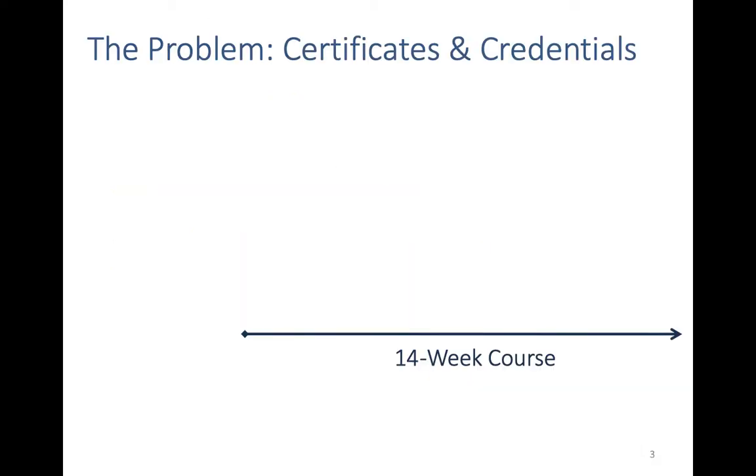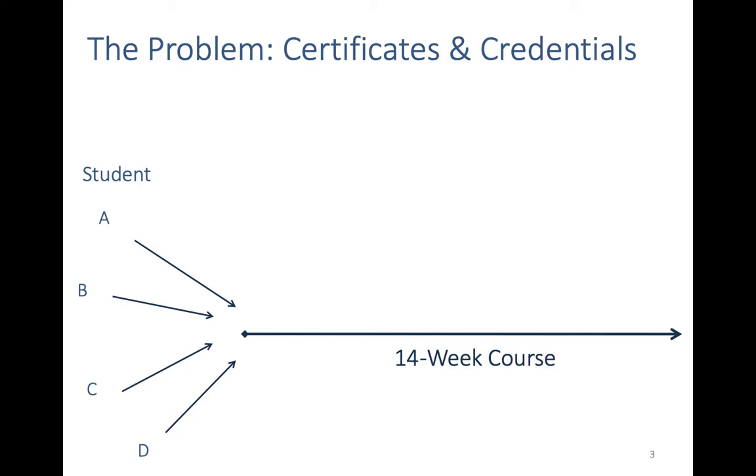So let me begin by talking about the first problem, which is related to certificates and credentials. Let's just say, for the sake of illustration, that we have a 14-week course, your typical 14-week course in an undergraduate or graduate program. It really doesn't matter. And so you have some students who sign up for that course.